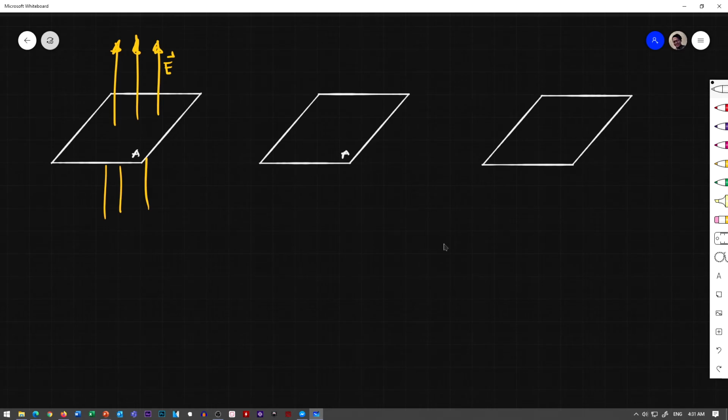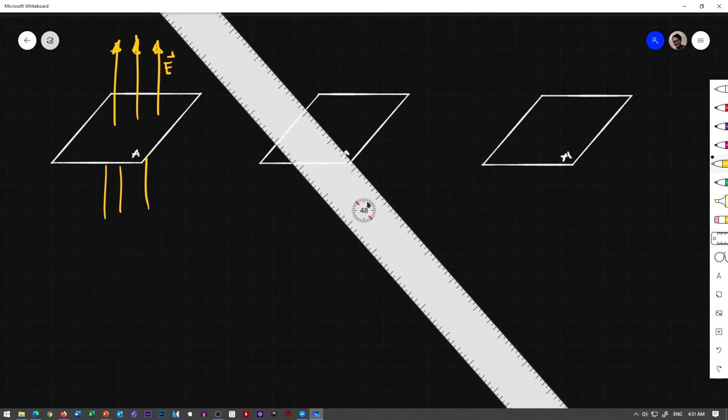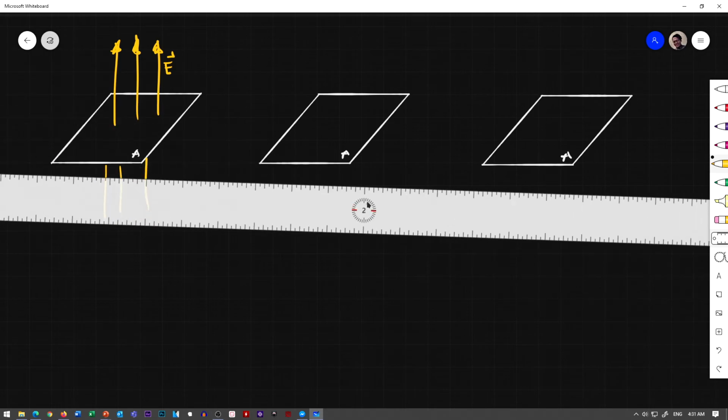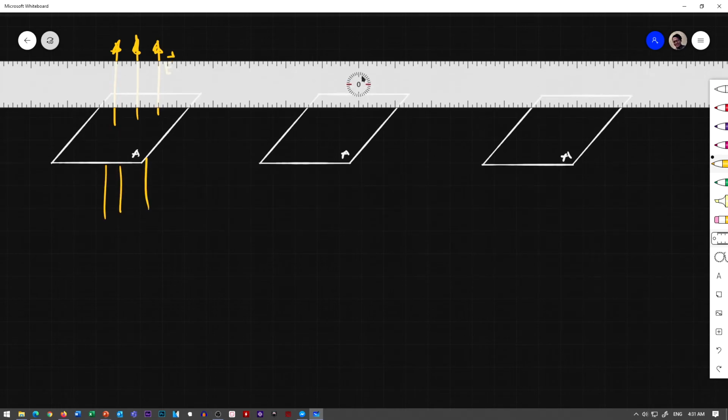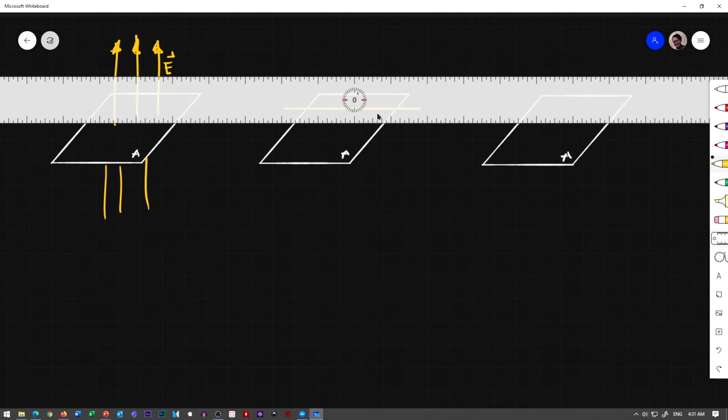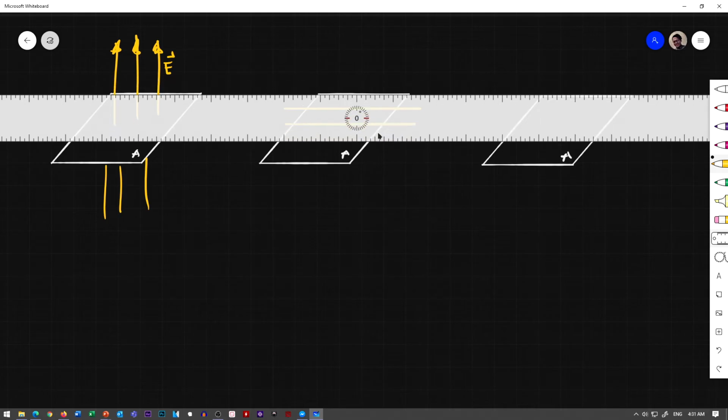The second one will be if the electric field is directly passing parallel to the surface. So the first one is perpendicular, the electric field is perpendicular to the surface. The next one will be when the electric field is parallel to the surface, so it means it's passing through.